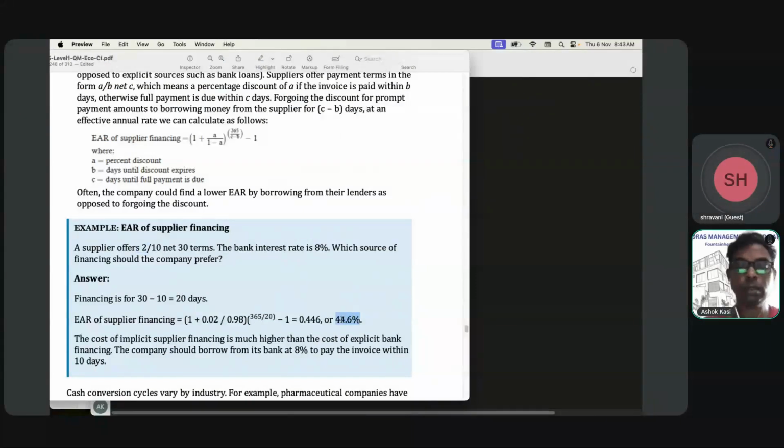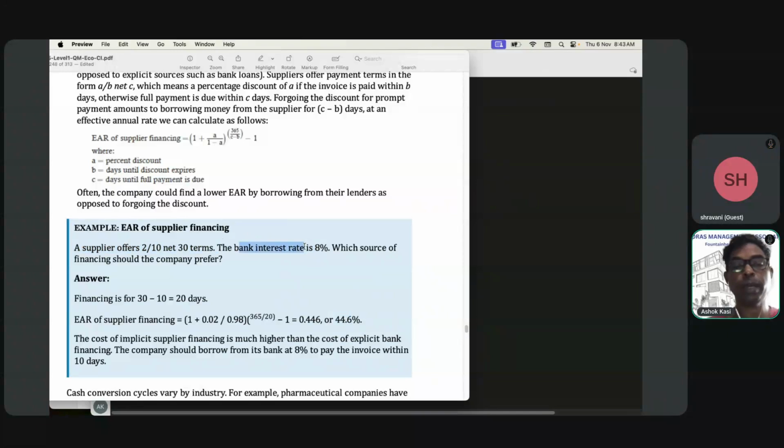The bank is offering only 8% per annum, while the supplier is offering 44% return. All we have done is convert his offer into a per annum basis. So what makes sense is to borrow from the bank and pay, even if you don't have money.